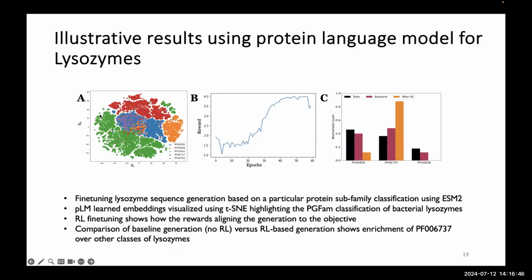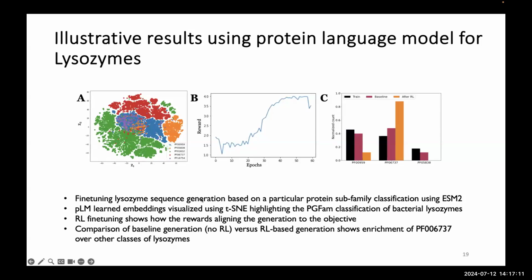So here you see that if you simply wanted to enhance the population of a subfamily within a protein family that is otherwise not available in the training data or in the bioinformatics database, you can do that too. This is a family of lysozymes. These are all experimental or naturally available lysozyme sequences, but each color is a subfamily within the lysozyme family.